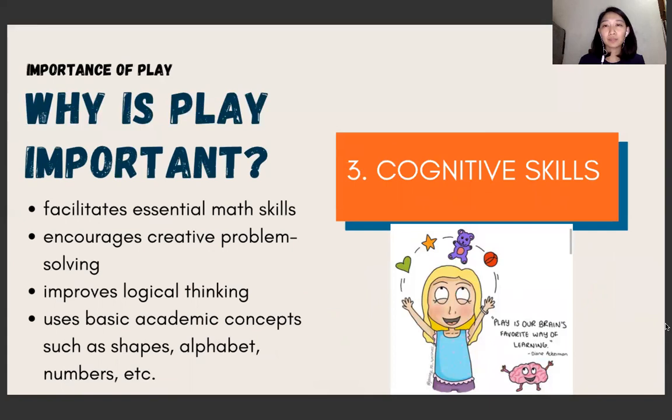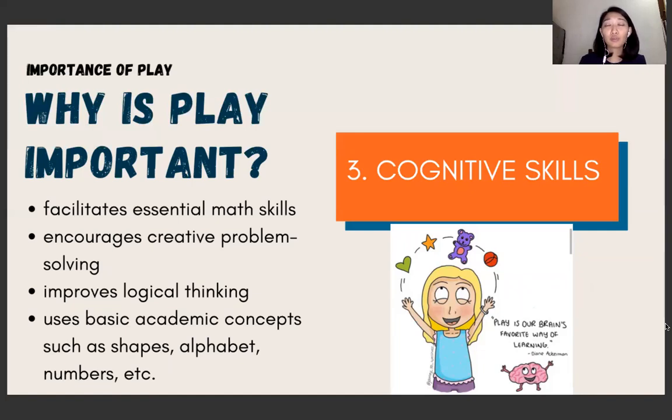Next, play influences a child's cognitive skills. It facilitates essential math skills such as counting, addition, subtraction, and even pattern recognition. It encourages creative problem solving as the child finds ways to answer his questions.